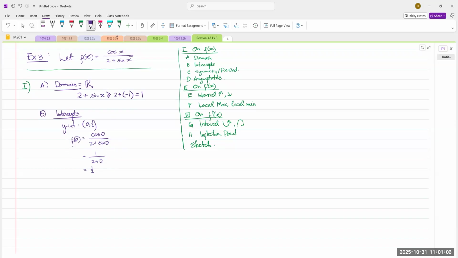How about the x-intercept? Notice that this has a period. The x-intercept is when f(x) equals 0, but f(x) equals 0 if the numerator is 0. Now cosine x is 0 when x is pi over 2 plus any multiple of pi, k pi, where k is an integer.